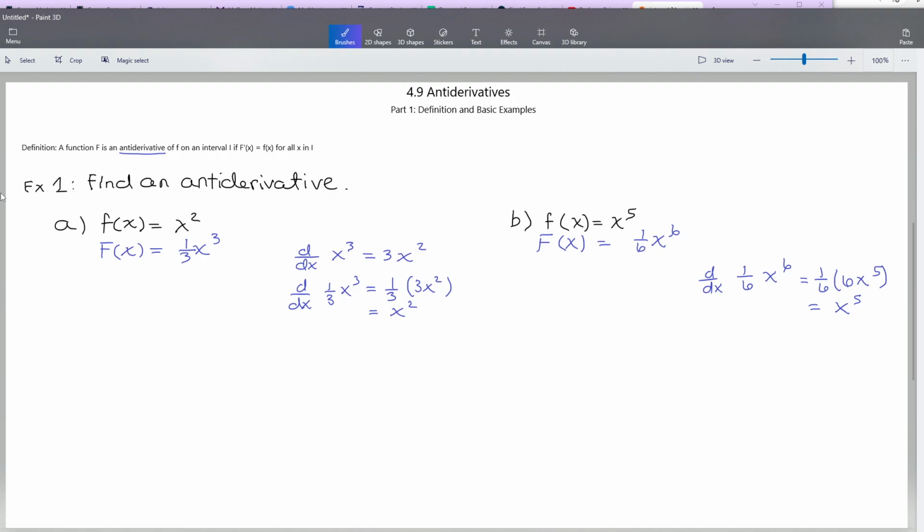Okay. Now, one thing that comes up with antiderivatives is, are there other antiderivatives? We can check that these work, but are there any others?